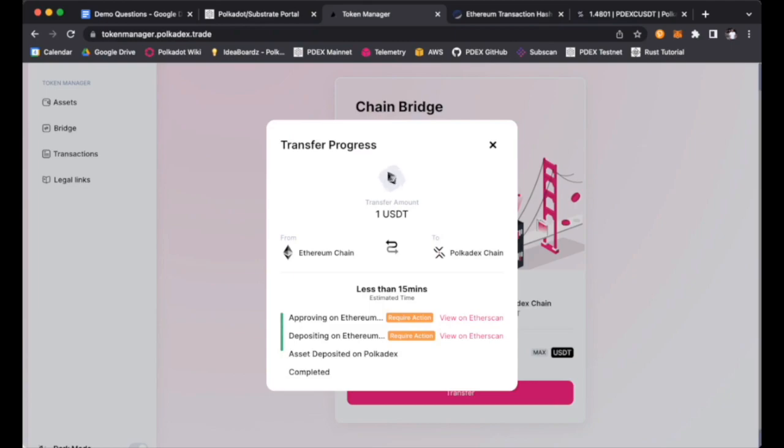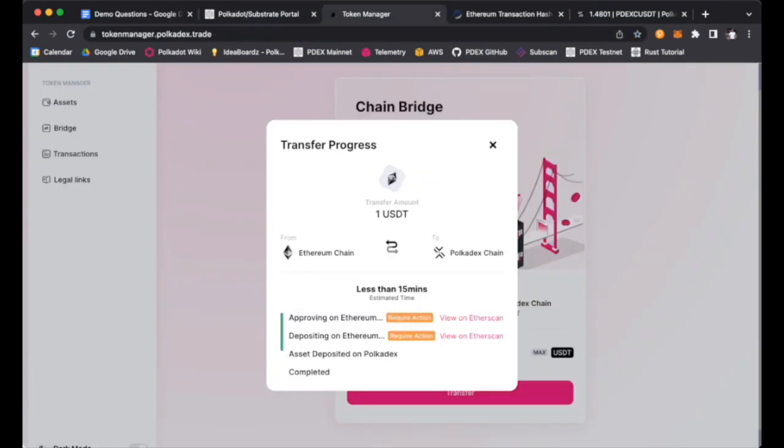First step is connect your wallets to the interface, and then go to the bridge tab, select what tokens you want to transfer from Ethereum to Polkadex, then input the number of tokens you want to transfer, and sign the transactions, and that's it. Tokens will be deposited to your Polkadex address.